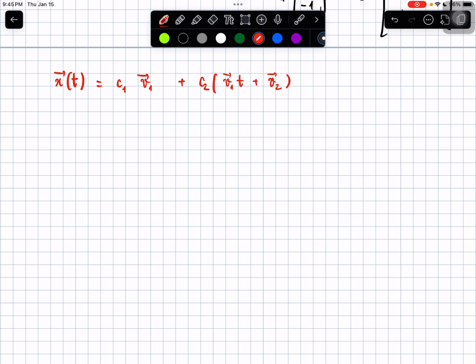So we can write it as c1 v1 plus c2 v1 t plus c2 v2.